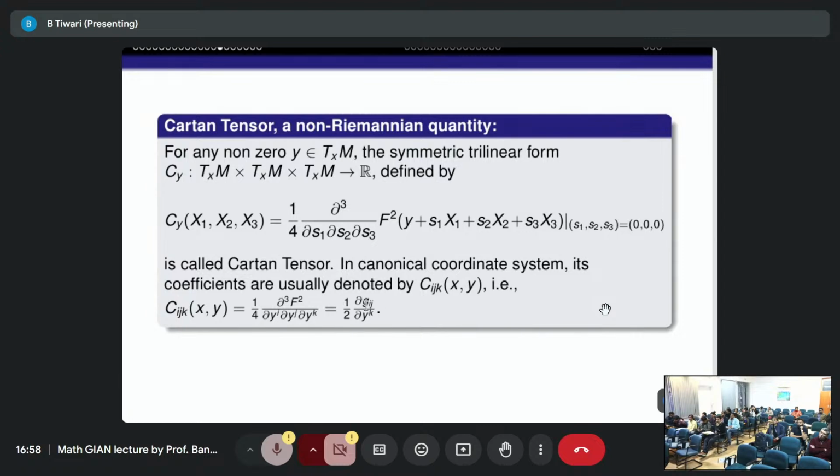When you write it in terms of the fundamental tensor, it's the vertical derivative of this metric tensor, and it is equal to 0 if G_ij is independent of the direction. And when the metric tensor is independent of the direction, your metric is actually Riemannian. So the Cartan tensor is important in the sense that if it vanishes in every direction, then your Finsler metric is Riemannian.